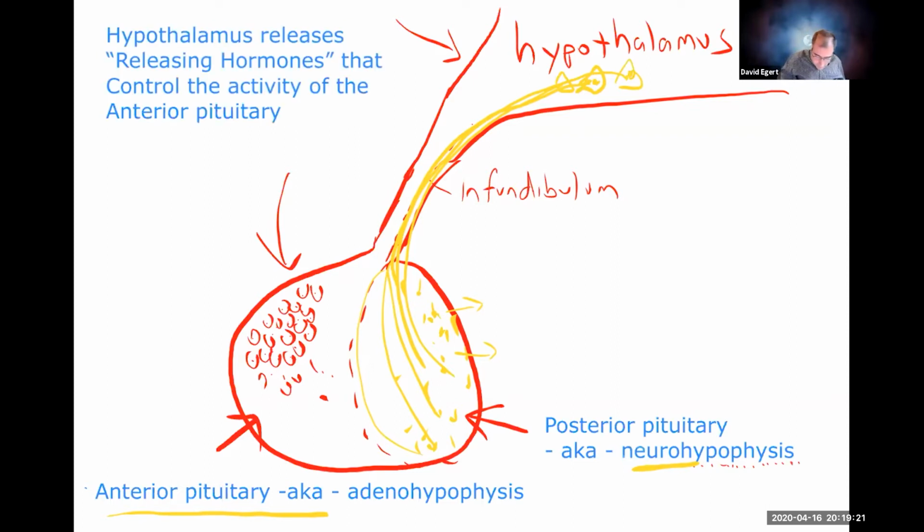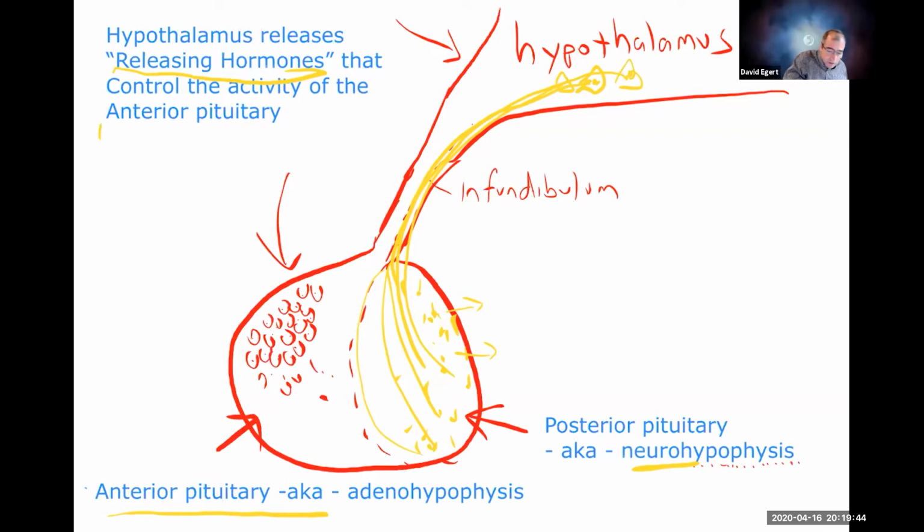So these releasing hormones have different names, usually something tropin releasing hormone. You don't need to know the names of all of them. There's only one that we're gonna talk about explicitly when we get to the reproductive system.